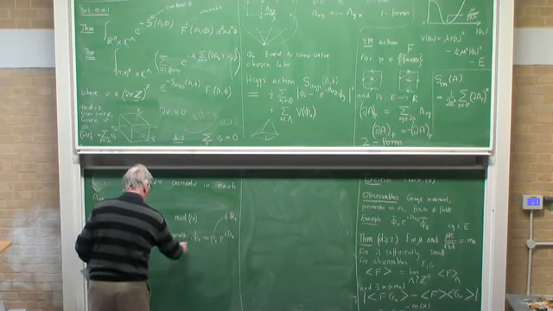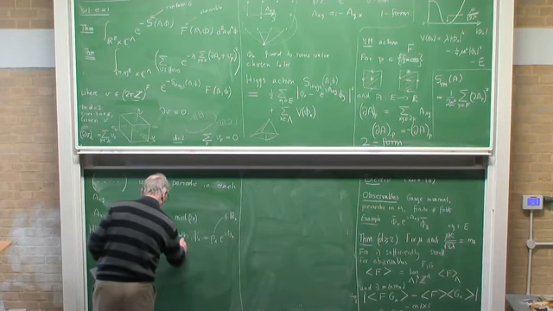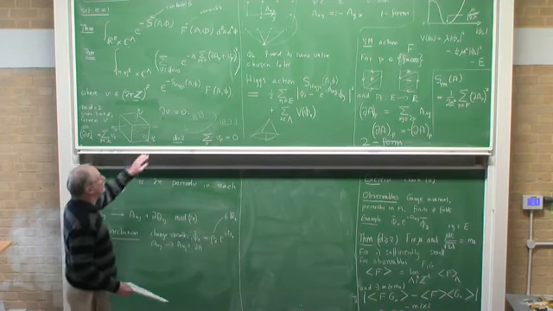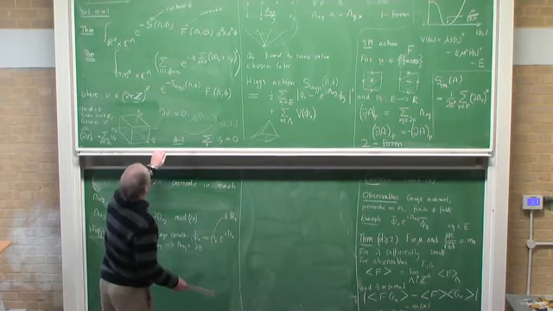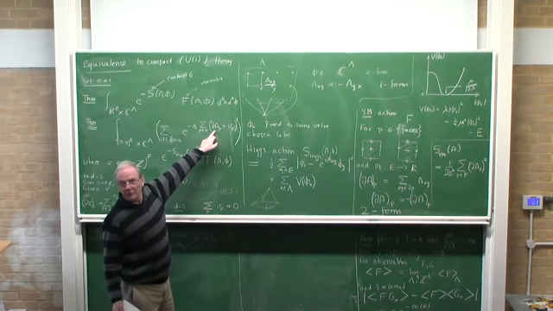At the same time as making this change of variables, we change A_xy to A_xy plus d theta. And because d squared theta is 0, when we look at this, we won't see it.